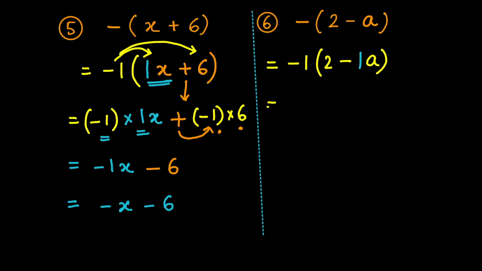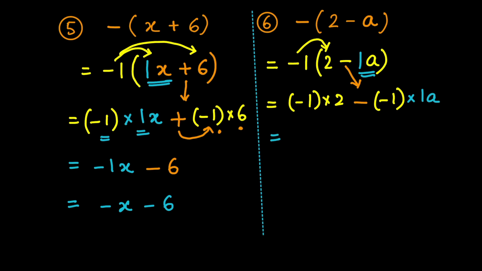Now using the same concept, this minus 1 multiplies to the first number 2, and then we continue the same sign, so it is minus, then outer number minus 1 gets multiplied to second number, which is 1a.